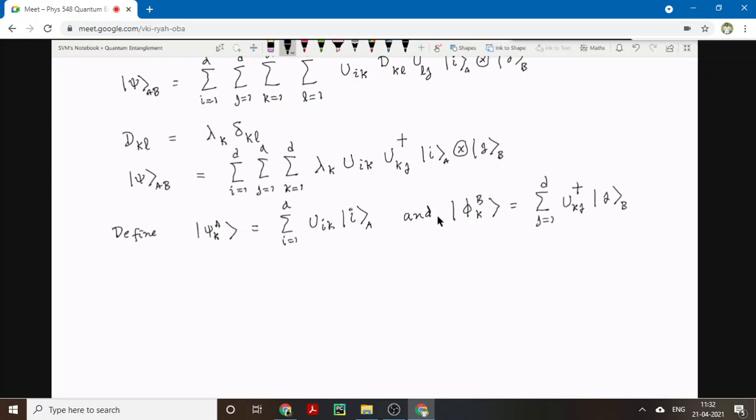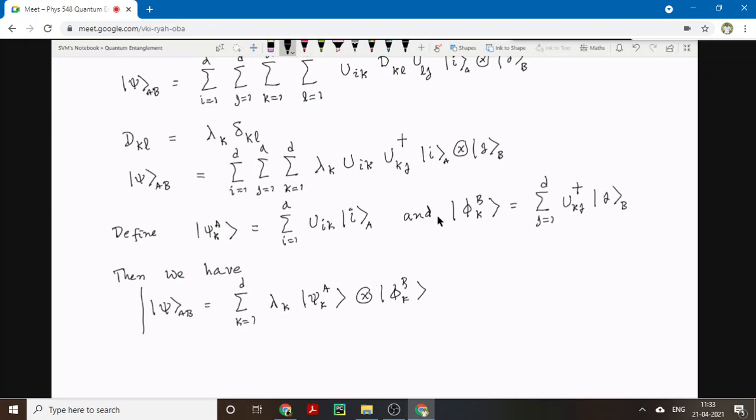If I define these things like this, then psi AB is equal to, two summations I have used up in defining these things, so I'll have only one summation, k equal to 1 to d, lambda k into ket psi k A tensor product ket phi k B. Okay.